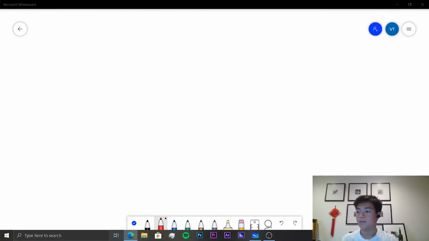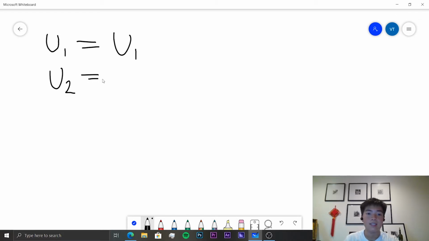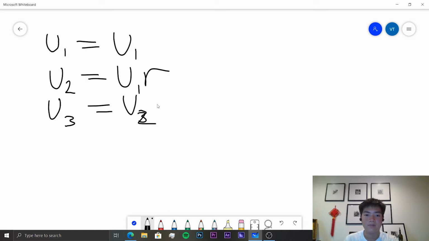So, first we need to know what is a geometric sequence. A geometric sequence looks like this. You have the first term as the first term, like an arithmetic sequence. And to get the next term from the previous term, you multiply the previous term by a constant factor. In this case, we'll call it r. And so to get the third term, it's equal to the second term times r, which is equal to the first term times r squared.